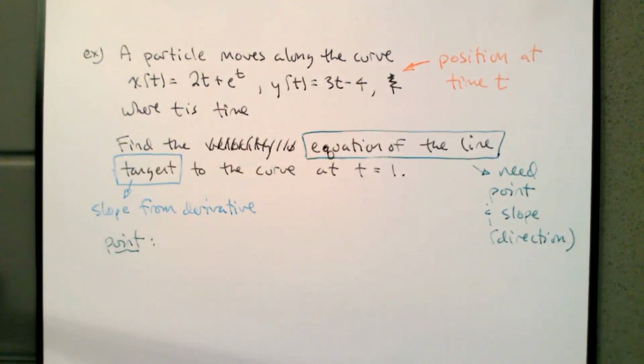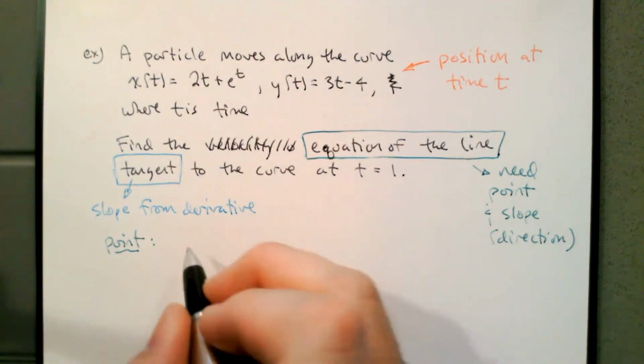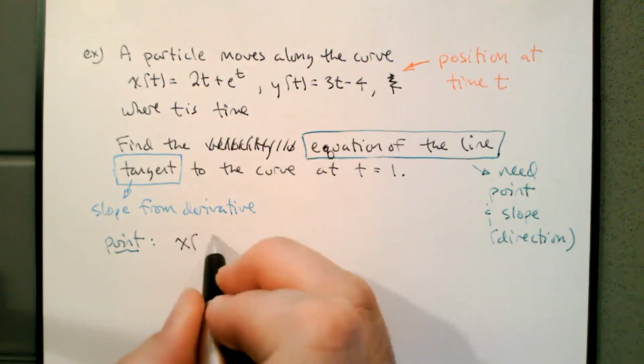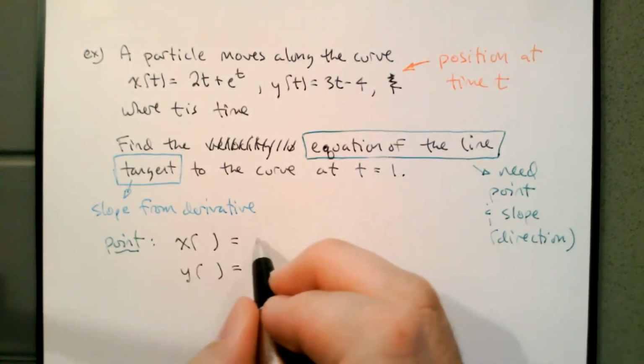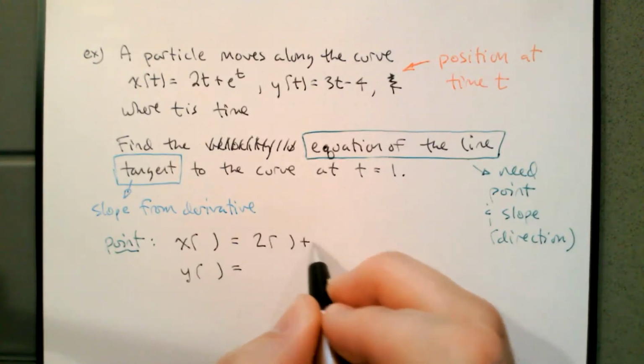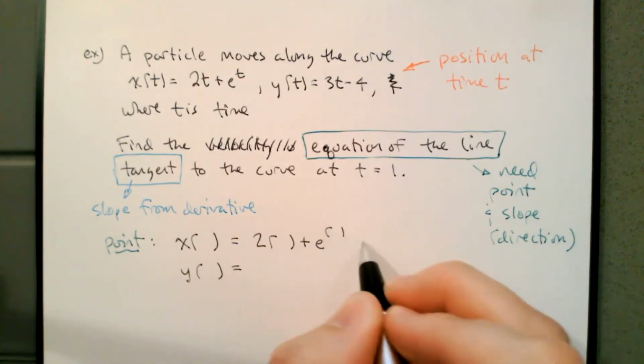The position of the particle is just given by the two functions x of t and y of t. Now we want to know what's going on when t is equal to 1. So let's find x of 1 and y of 1. So x of 1 is 2 times 1 plus e to the 1.